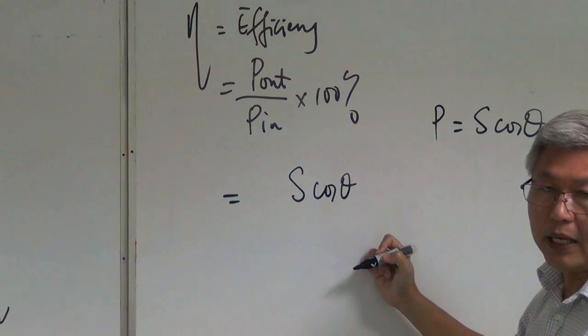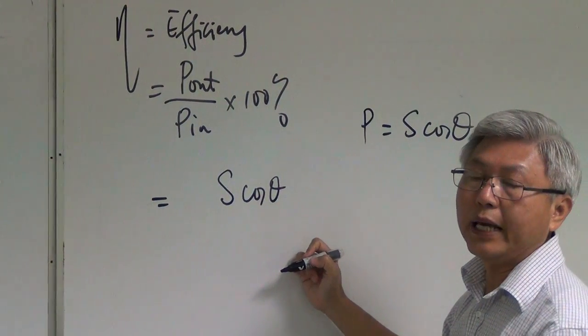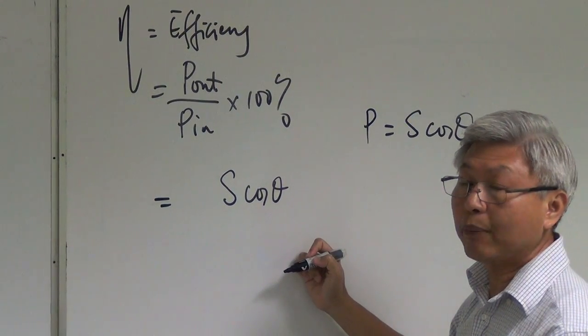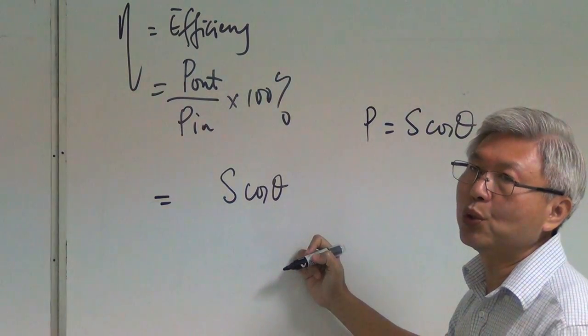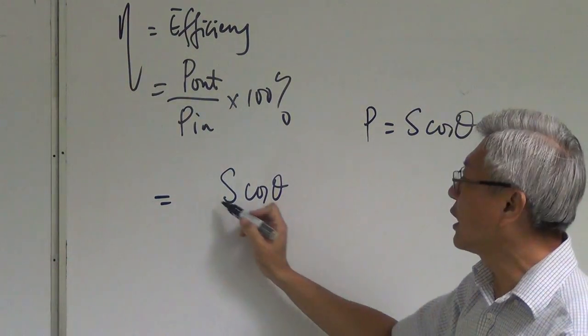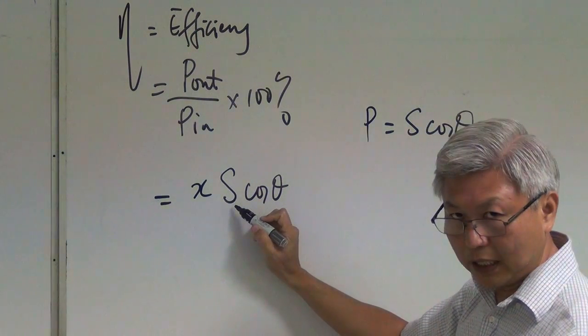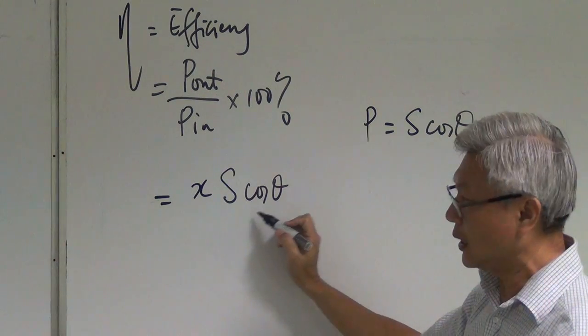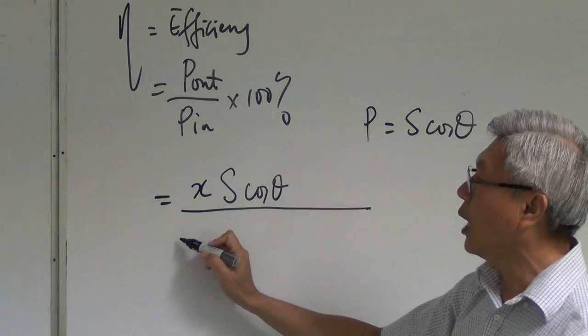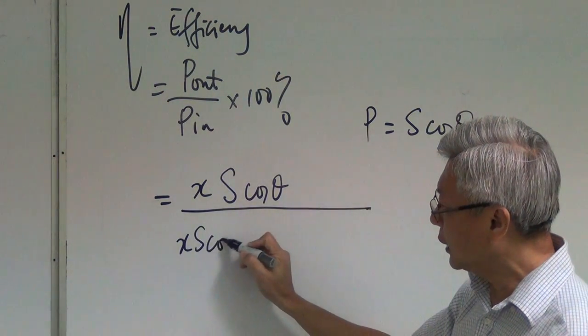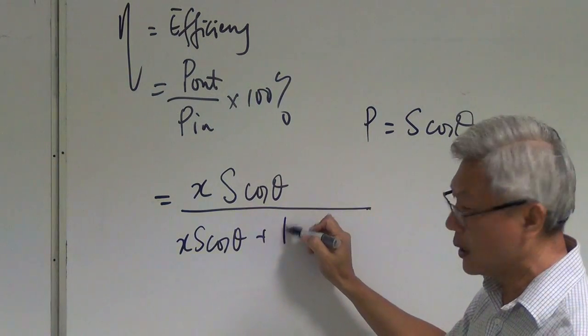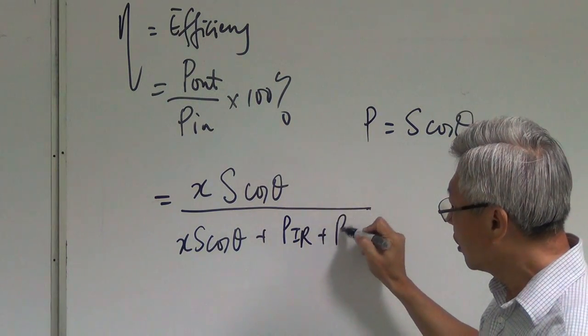And you do recall that in a transformer, we need not use up to 100%. If the question says I only use 60%, then you say fraction of full load. Remember, x is 0.6 times 10 kVA times cosine theta. So that's the output power, right? So output power is x S cosine theta, plus the two losses, iron loss and copper loss.